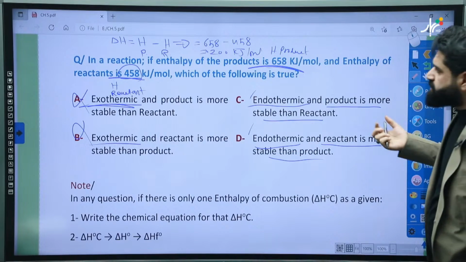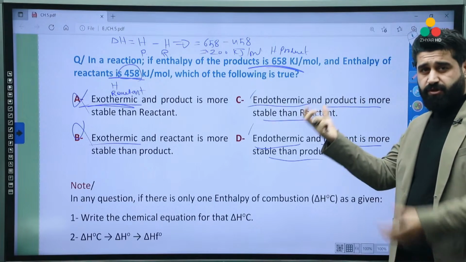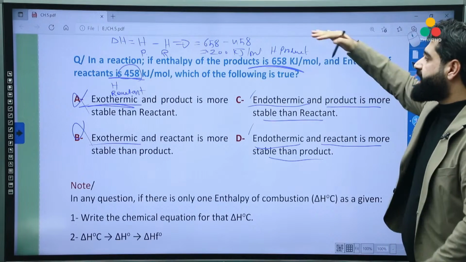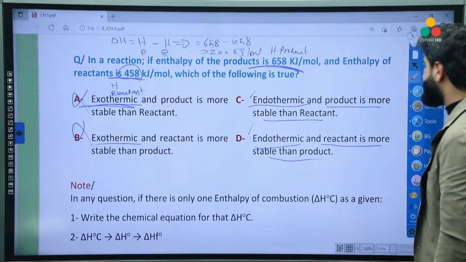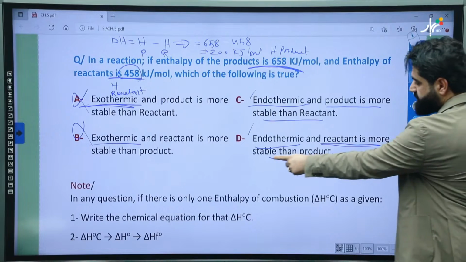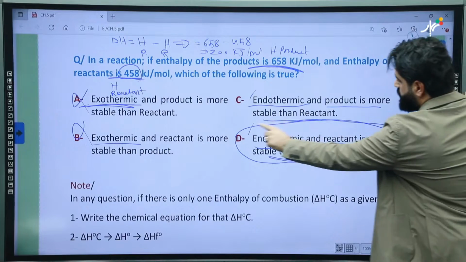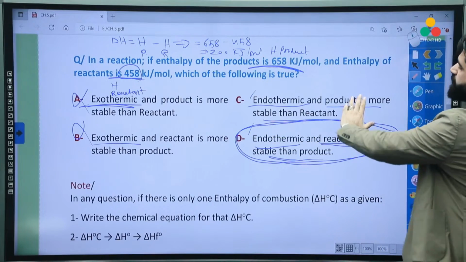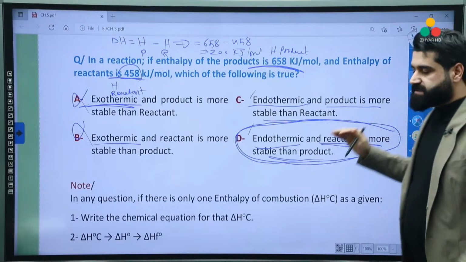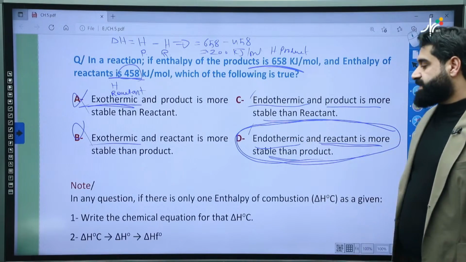In endothermic, energy is absorbed, so the product will have higher energy, so the product will be less stable. The reactant will be more stable. Reactant is more stable than the product. It's the right answer for endothermic, because it will absorb energy and go to a higher energy level, so as energy increases, stability decreases. That's why it's endothermic and the reactant is more stable than the product.